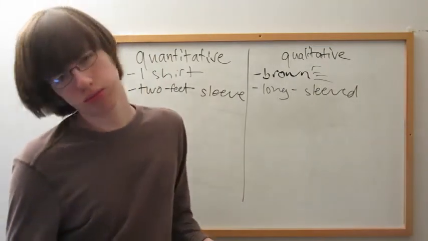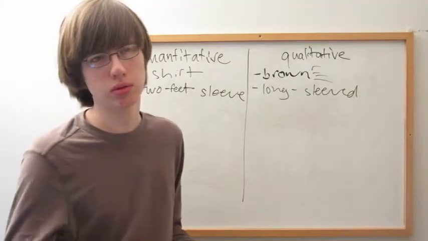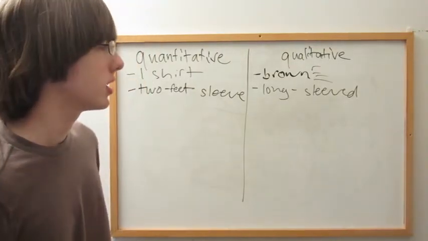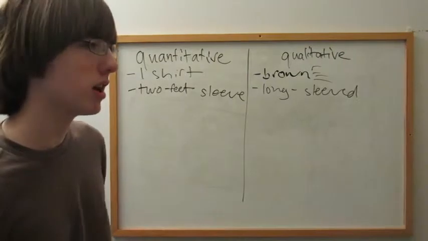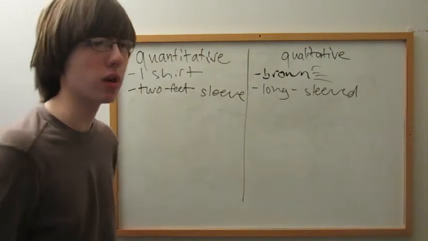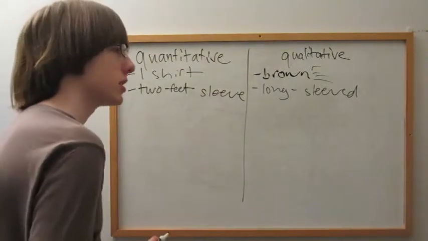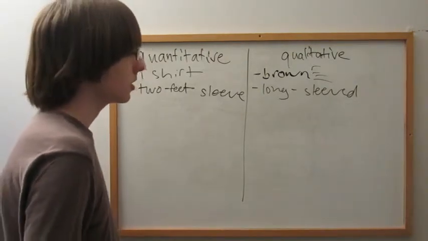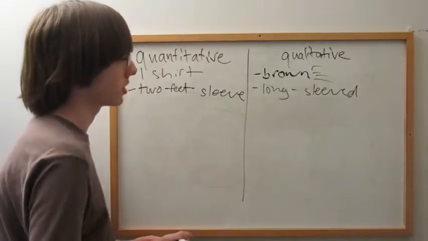But how are you able to distinguish? And even if I were to say dark brown, there's still shades of brown. And when I say dark brown, you might have a different idea still. And that is how it works with long sleeve too.